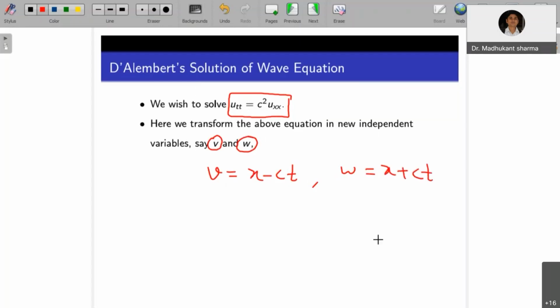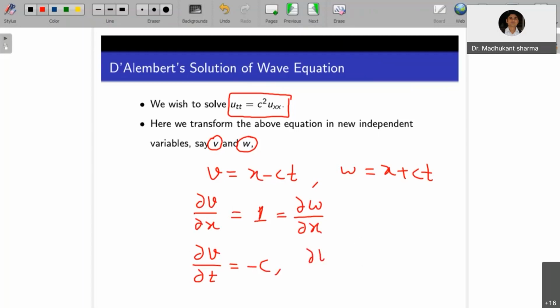Later on, we will see what we can do with the initial conditions and boundary conditions. From here, it's very clear that dou v by dou x equals 1 equals dou w by dou x. Further, dou v by dou t is minus c, and dou w by dou t is c. These are easy to derive.